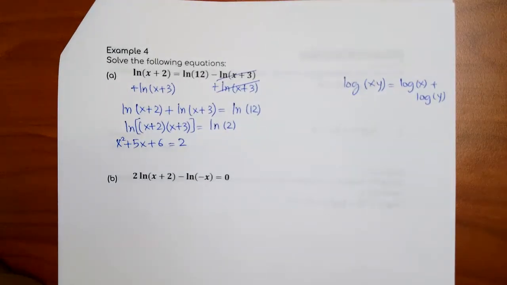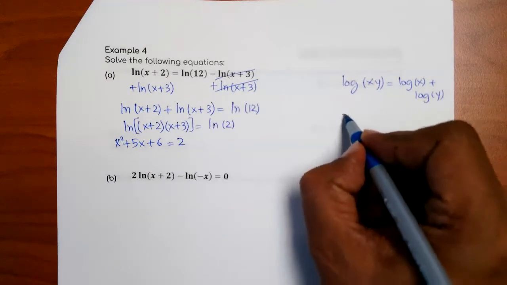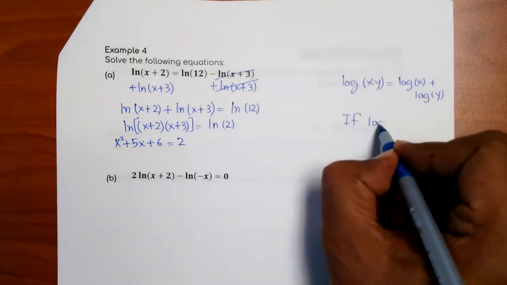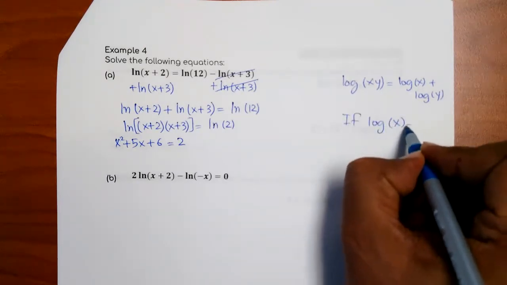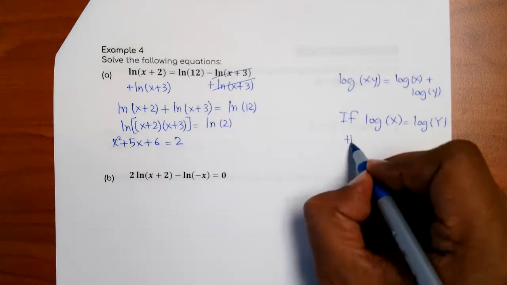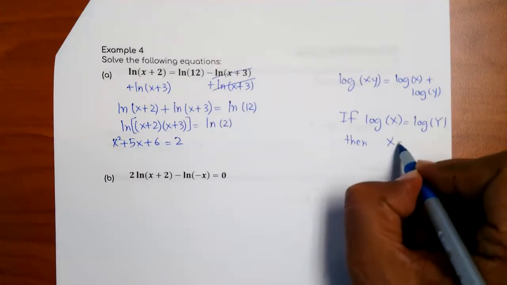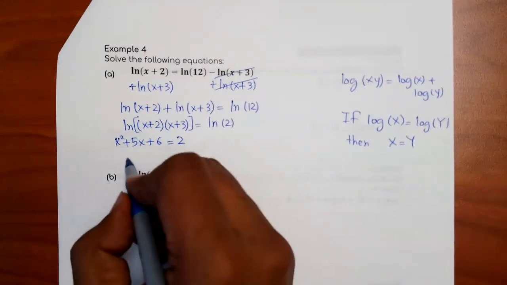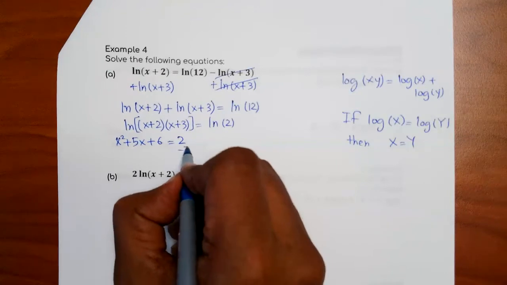So now we just used another property which says that if log of x is equal to log of y, then x is equal to y. So we did the same thing. Now we need to get rid of this 2 from here.